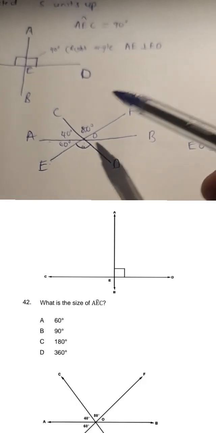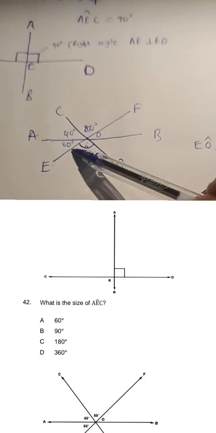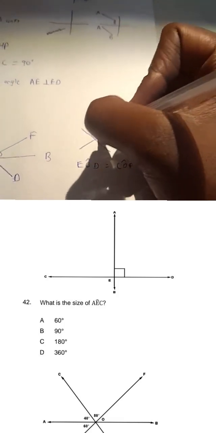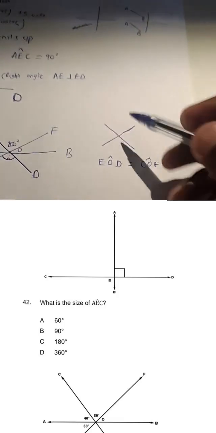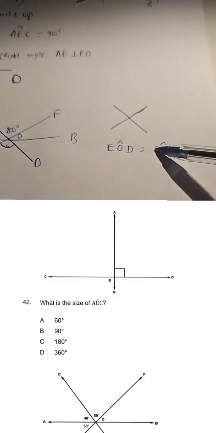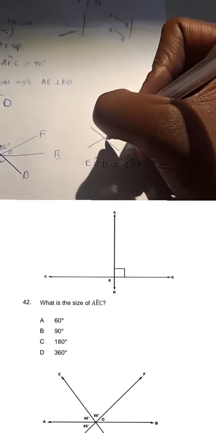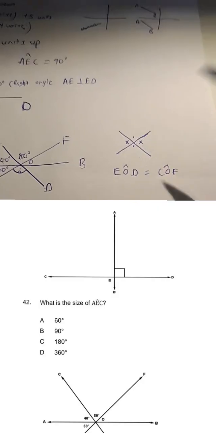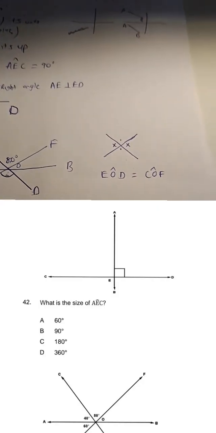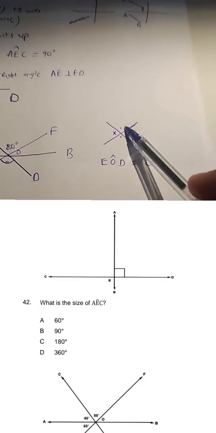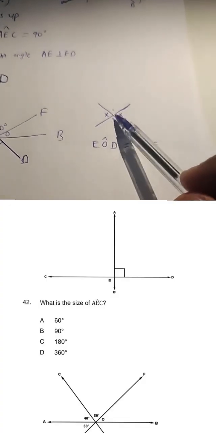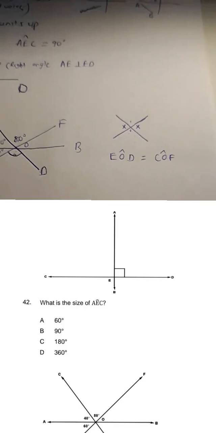Because remember, for vertically opposite angles to hold, there must be two intersecting straight lines. Those lines must be straight, guys. So we say this angle is equal to that angle, and that angle is equal to that angle. That is the vertically opposite angles, and when two lines are intersecting, the vertically opposite angles are equal.